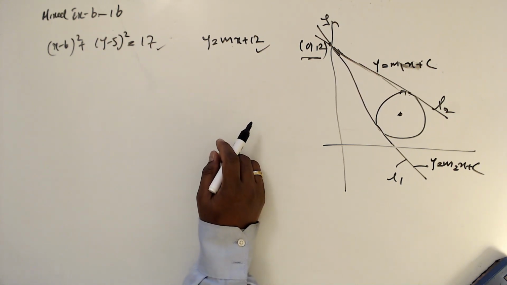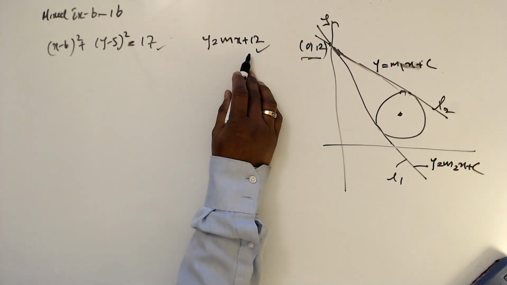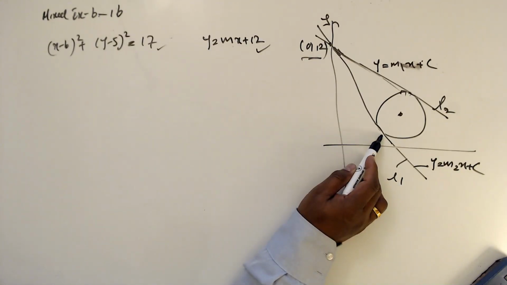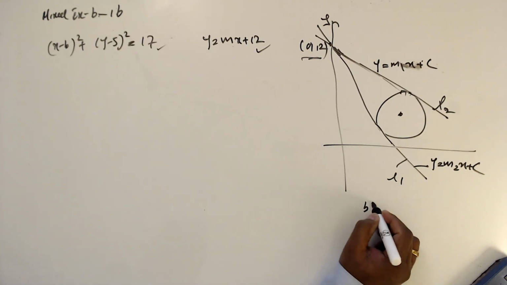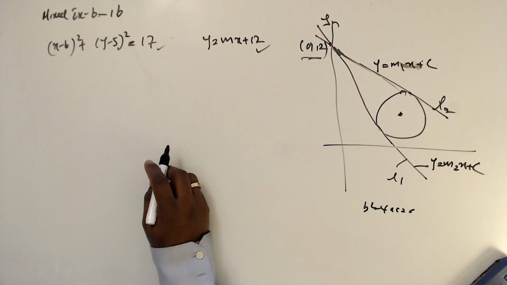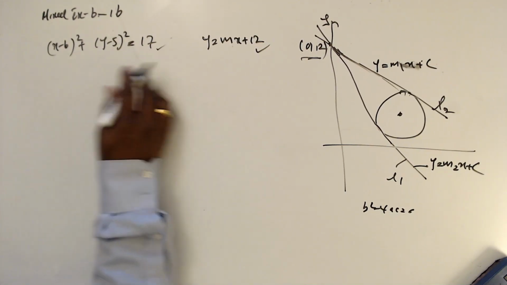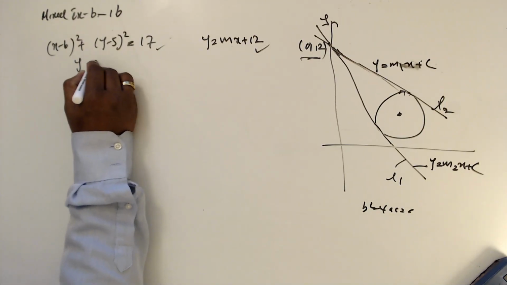So I make sure that I grab all the data. I grab C is 12, and I grab tangent because it has to be b square minus 4ac equal 0. And yes, that's all. Now we can work out. Now we solve those two equations simultaneously.